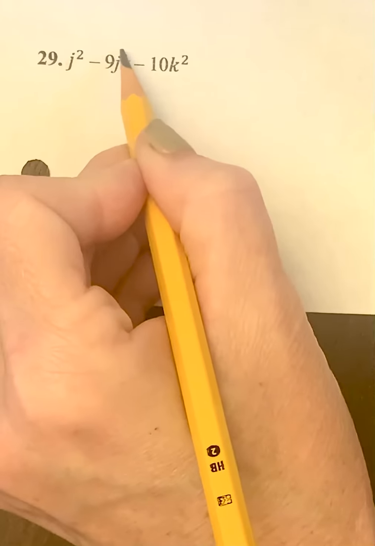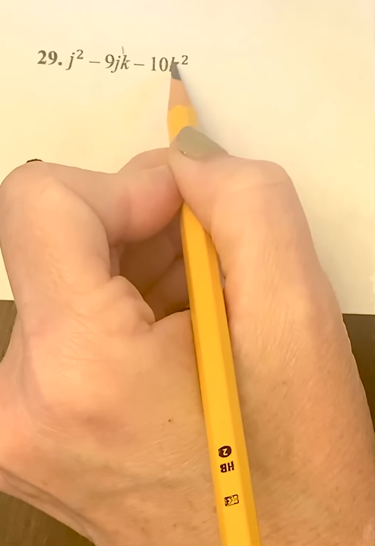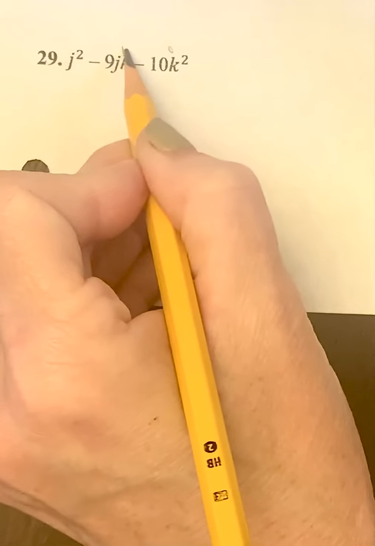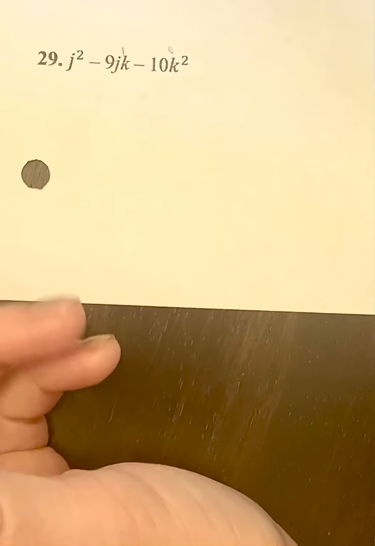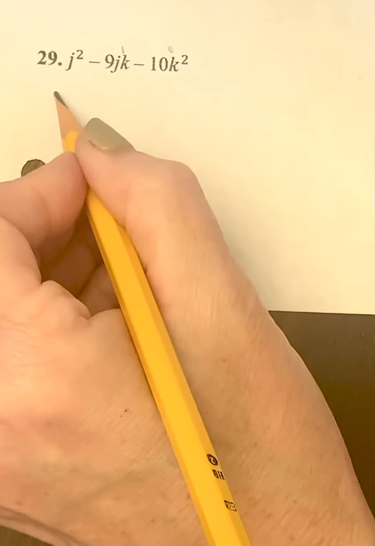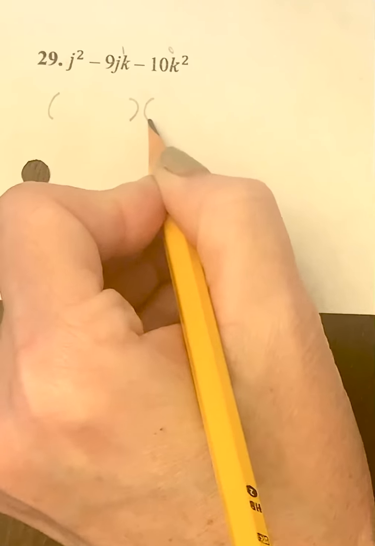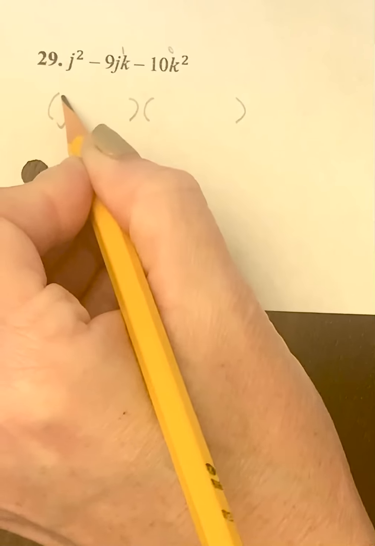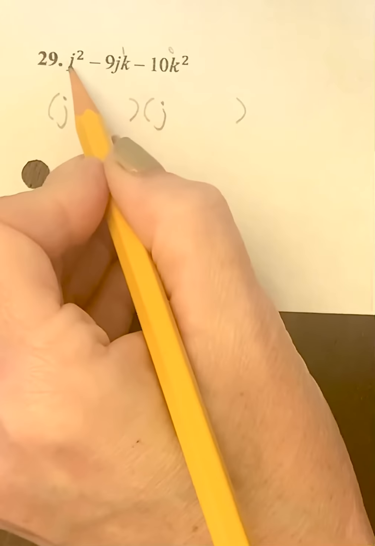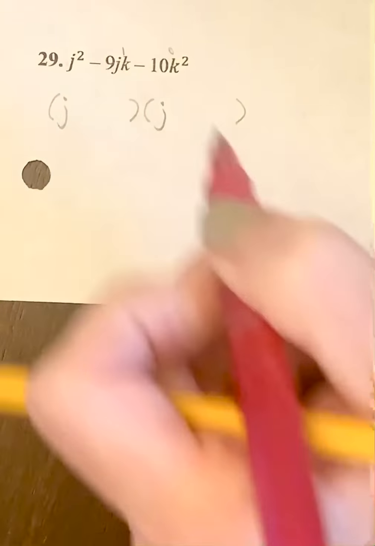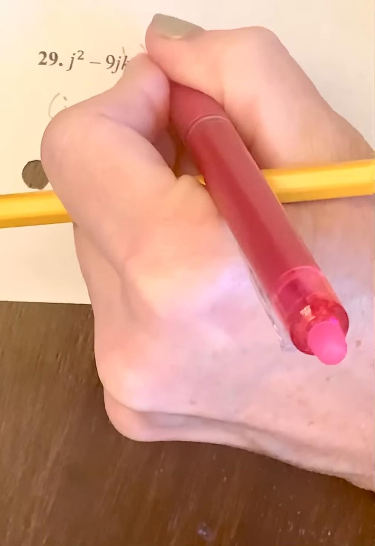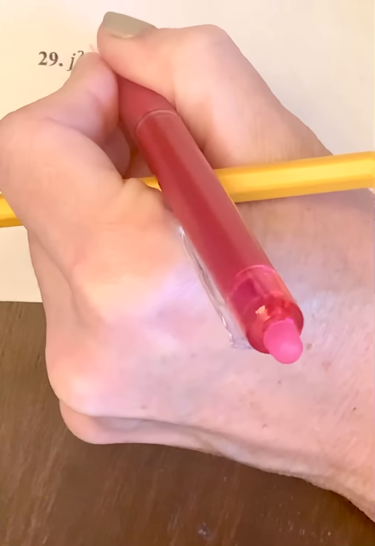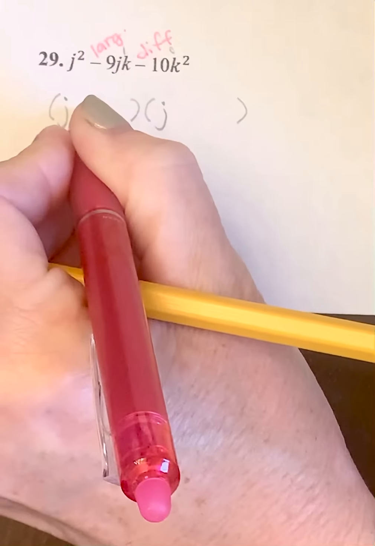This is j squared, j to the first, and then no j at all. So it is in descending order. Okay, and the leading coefficient is 1. So we're going to start with a j times j is the only way to get j squared. This tells me that the signs are going to be different, and this one tells me the larger one will be negative.